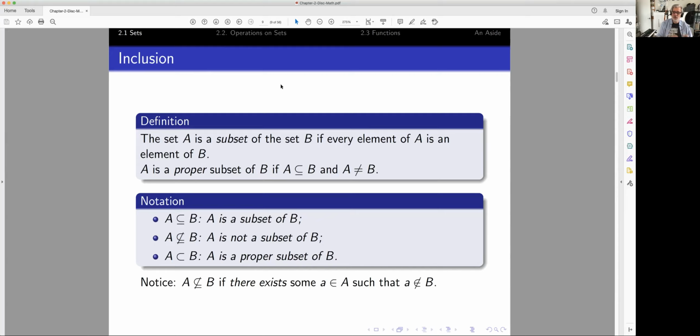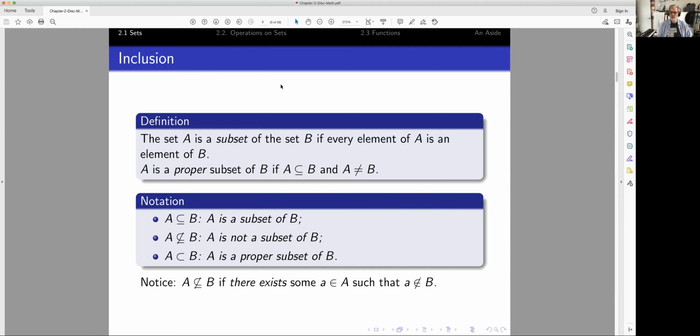It means that it's not true that every element of A is an element of B. In other words, it means there exists some element of A which is not an element of B. So we went from every to there exists. So this duality, when you're negating, we'll talk about this later in chapter 1. It's important.